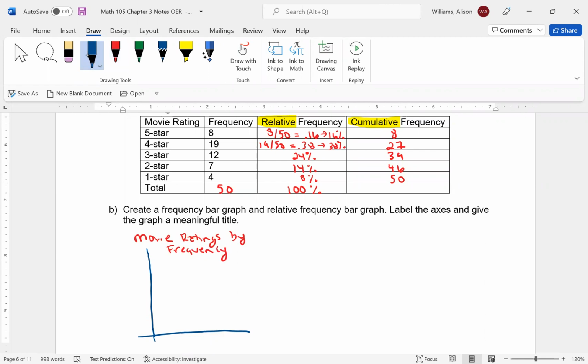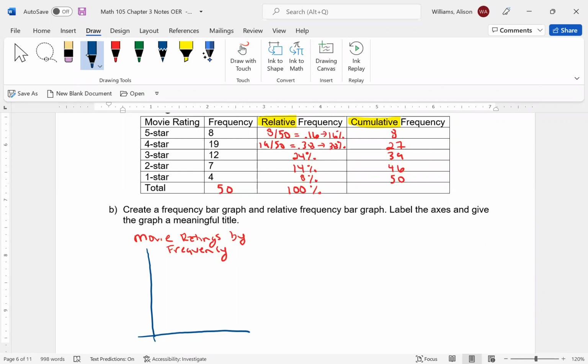Okay, so it is a bar graph because we're working with qualitative data. And the reason it's qualitative is this 5, 4, 3, 2, 1-star rating, even though it seems numerical, it's not. The 5-star represents a great film, right? Where 1-star represents a bad film. So it's a rating that's describing good to bad. And it's not really numerical. So that's why it's a bar graph.